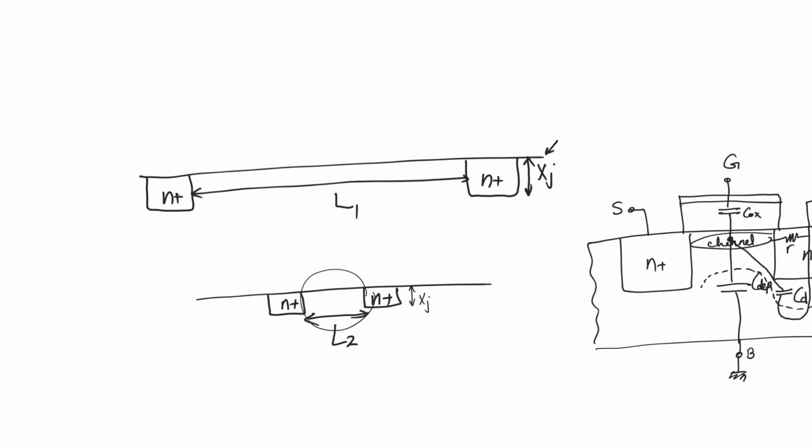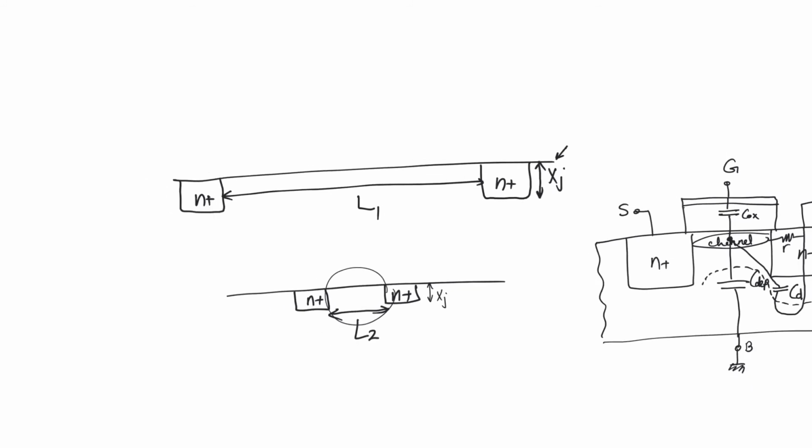In a long channel transistor, even in subthreshold conduction, the depletion zone around the drain relative to the channel is very small, and therefore this capacitance is much smaller than this resistance, and its impedance is much higher. And most of the relation between the drain and the channel is controlled by the resistance of the drain rather than by this capacitance, which is what we want to have.